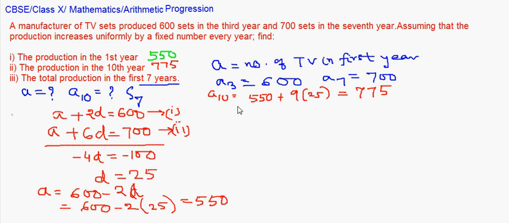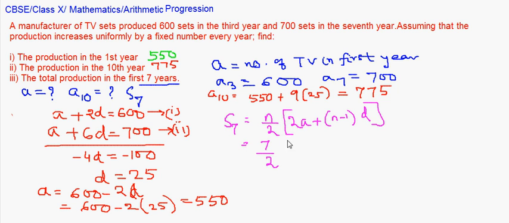Now we will be solving the third part of the question, which is asking us to find the total production in the 7 years. So we'll be finding S7. The formula says it is n by 2 into 2a plus n minus 1 d. We just replace and calculate. N being 7 by 2, the first year being 550 TV sets, multiplied by 2 will give you 1100.